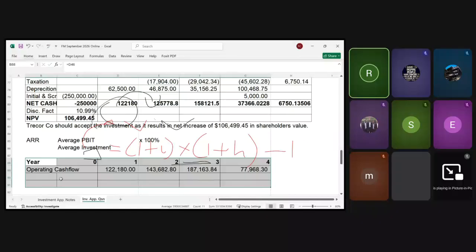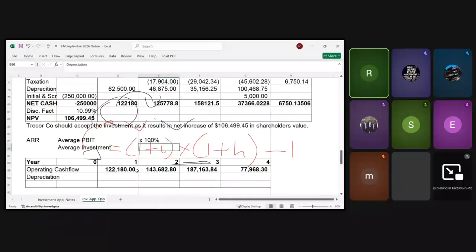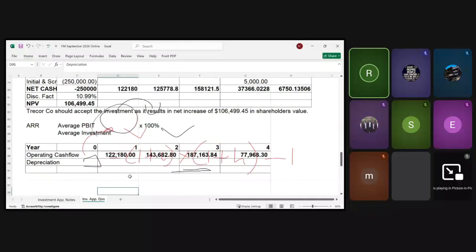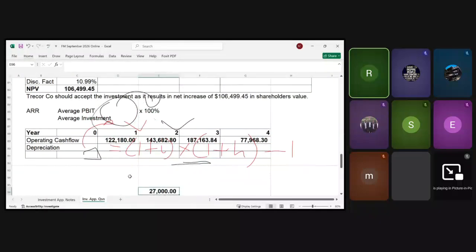All right, so depreciation, for the purpose of calculating ARR here, we are told that the investment is on a straight line basis. So what does that mean? It means that our depreciation is equal. That does not matter anyway.